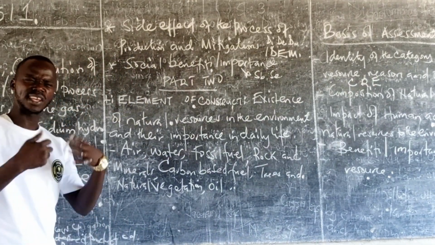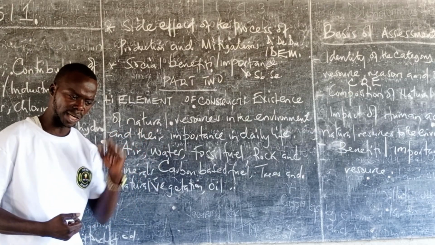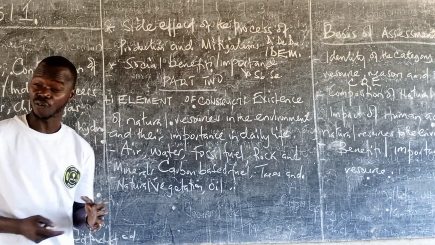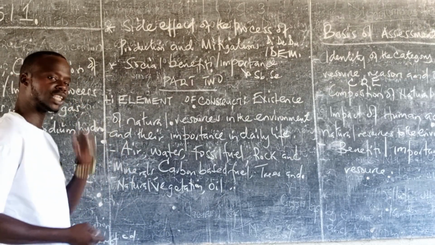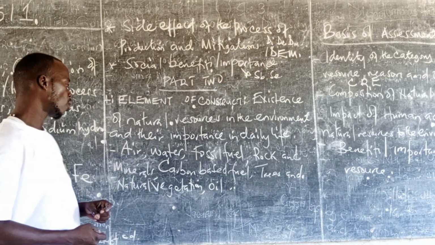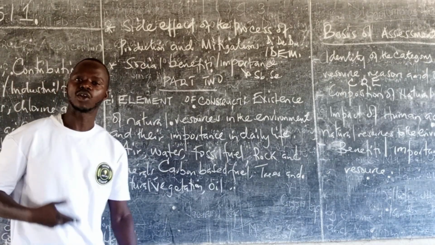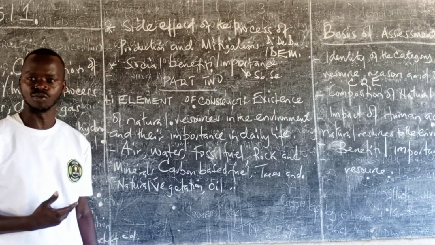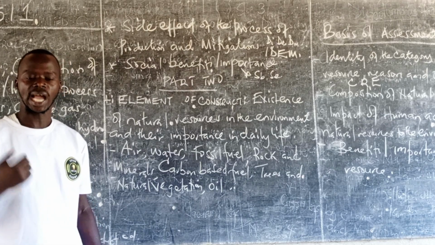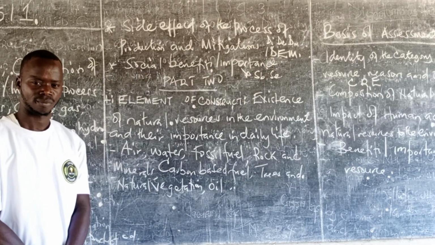For example, if the scenario is about maybe air, we first look at that. So we identify the particular natural resource, and we categorize it. Now when you look at the different categories of the natural resources, we have the renewable natural resources and non-renewable natural resources. Renewable natural resources are those that can be replaced when they get used up, while non-renewable natural resources are those that cannot be replaced when they get used up, like natural processes within a lifetime.